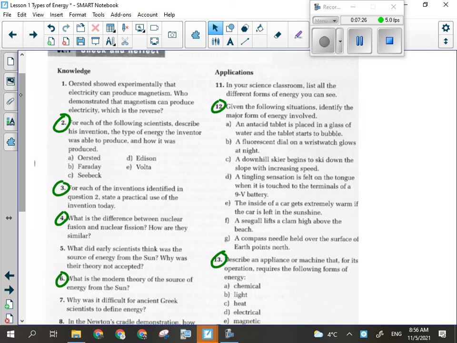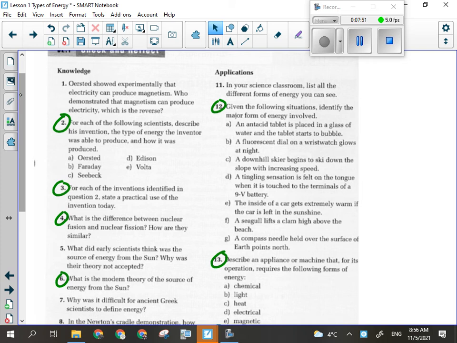Okay, downhill skier begins to ski down the slope with increasing speed. Two answers for this. One, I would say kinetic would be good, yes. Okay, potential would be also true at the top of the hill. Let's say three possible answers then. What do those two things make up? Mechanical energy.